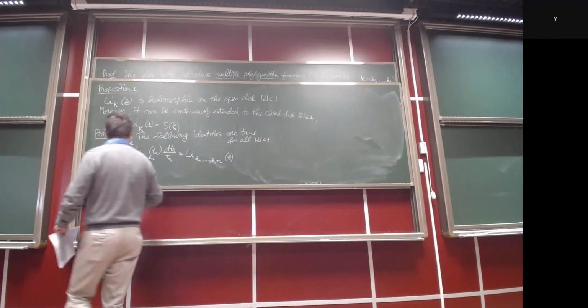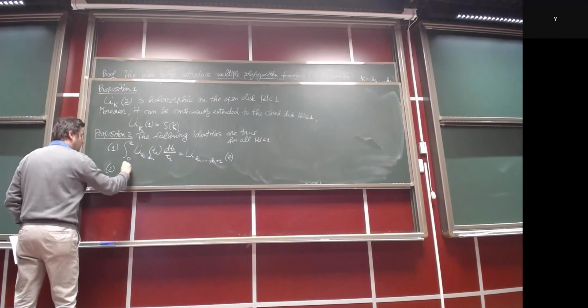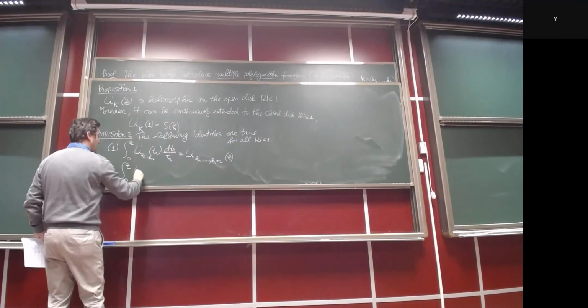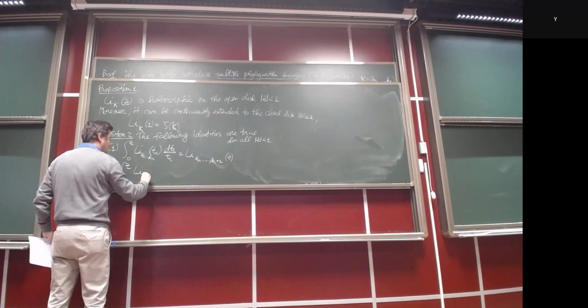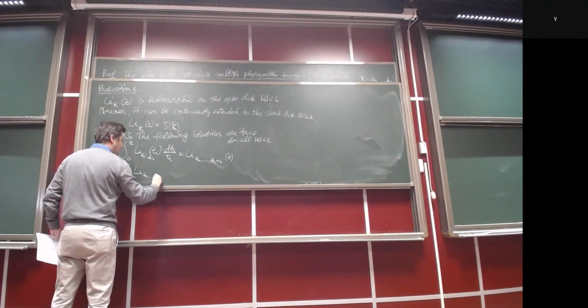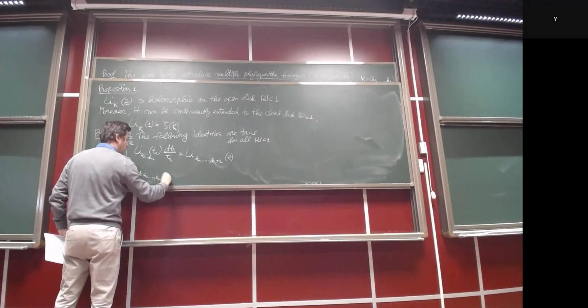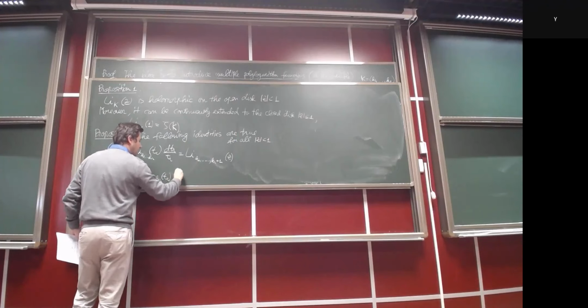And the second one, we're integrating this with respect to the second one-form. So kr of tr, dtr over 1 minus tr.